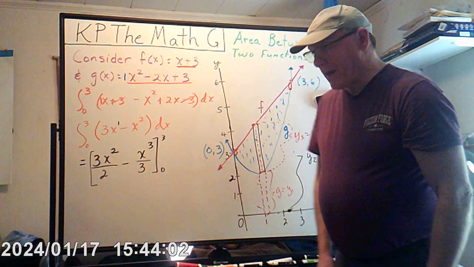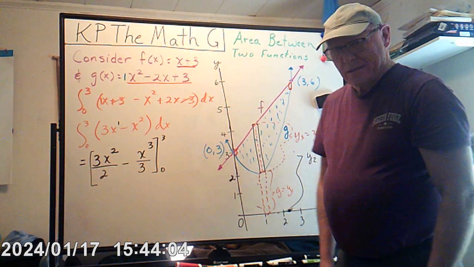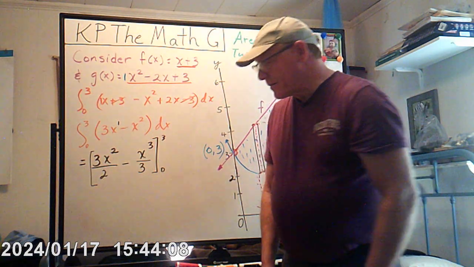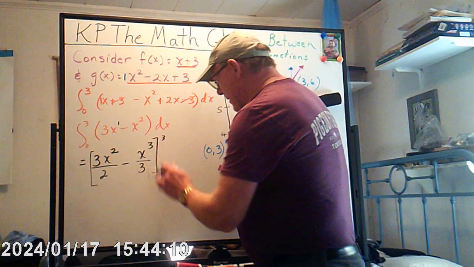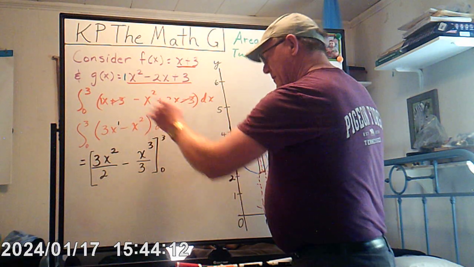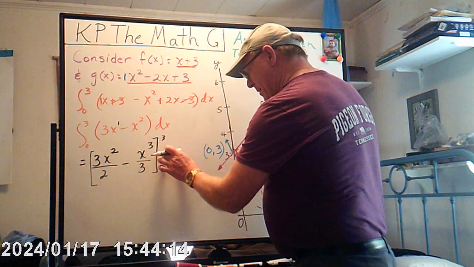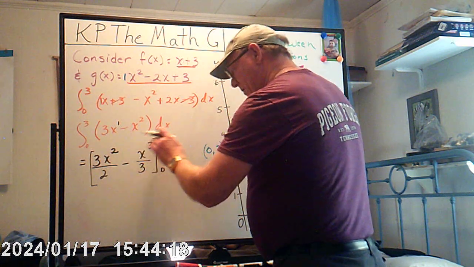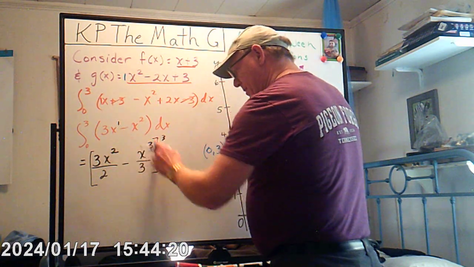Hey, man, that's pretty nice, isn't it? You think you can go from here? I think you can. I think you know what to do, right? This is again F at 3 minus, or the integral at 3 minus the integral at 0.